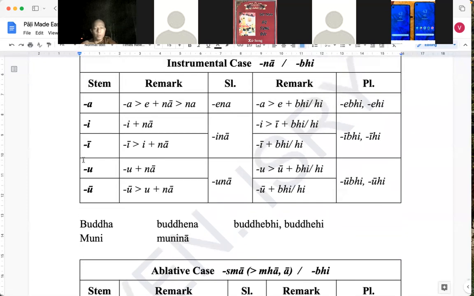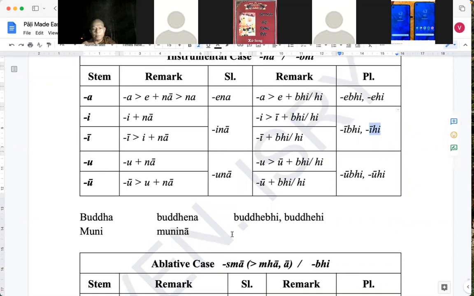And then for plural, so to the E, we add the Bi, okay? Add the Bi. But before the Bi, the short vowel becomes long, E to E. That is why we have the E Bi, but silent, that is E Hi.